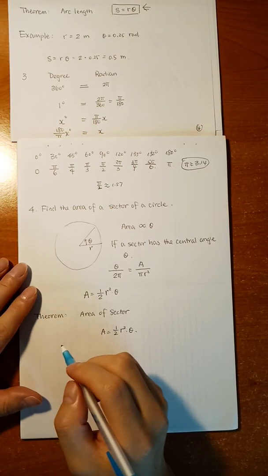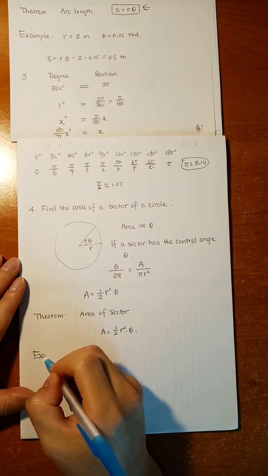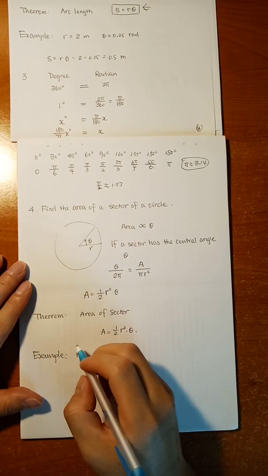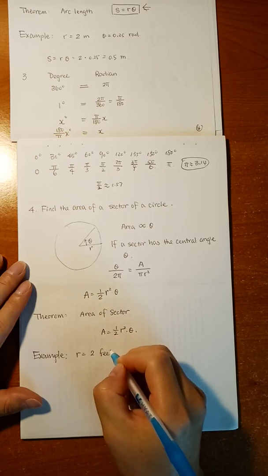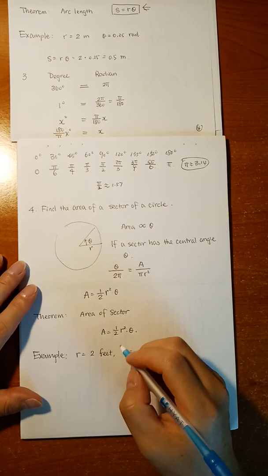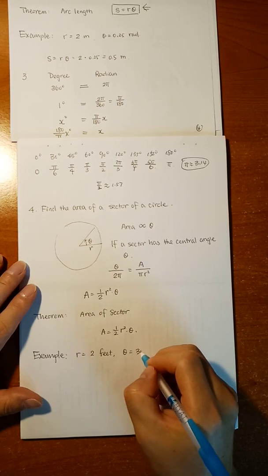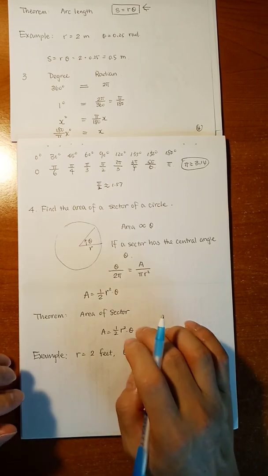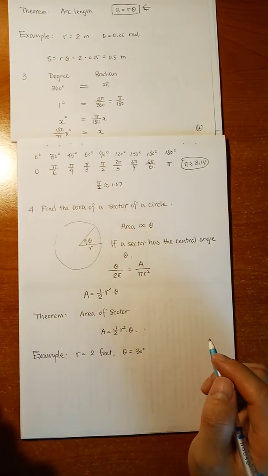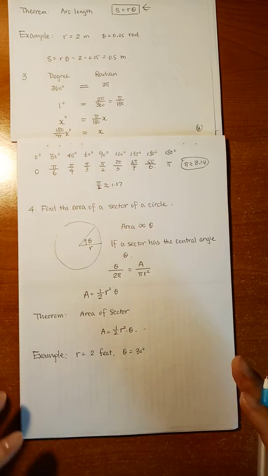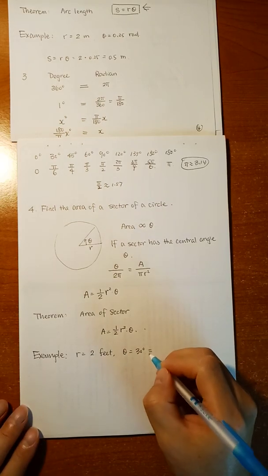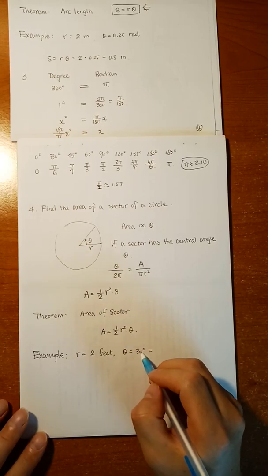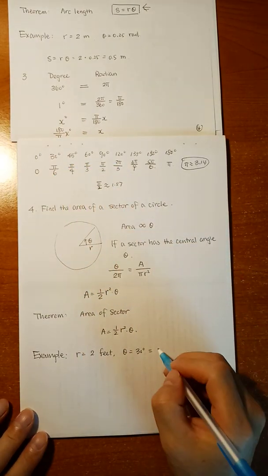Okay, now let's see an example. If we know the radius equals, for example, 2 feet, the central angle is 30 degrees. Be careful, we need radians. We can never use degrees in the computation of either arc length or the area of a sector. So in this computation, we have to write 30 degrees as pi over 6.